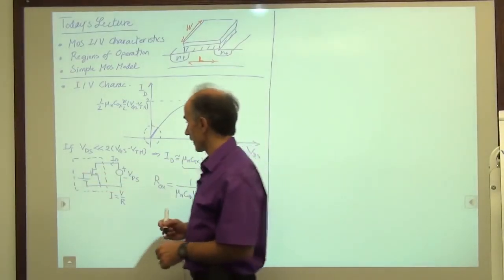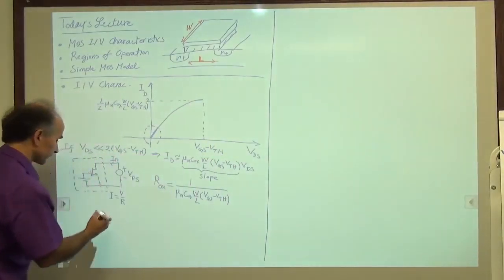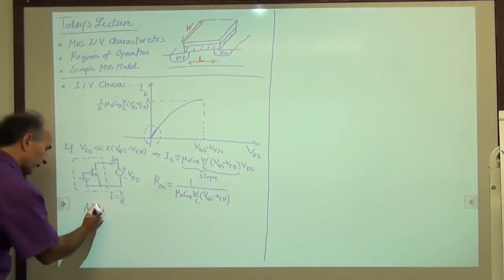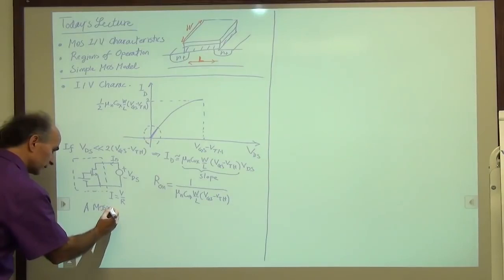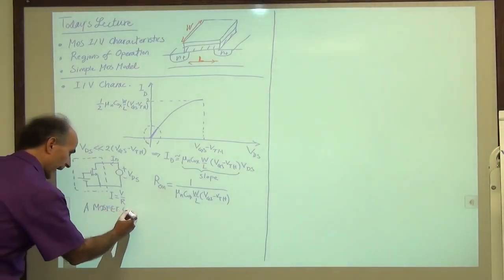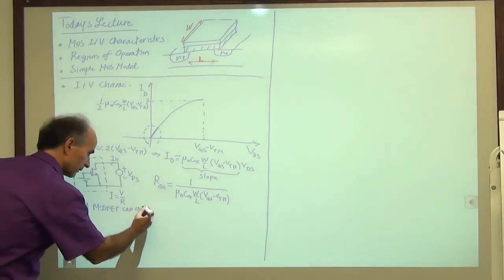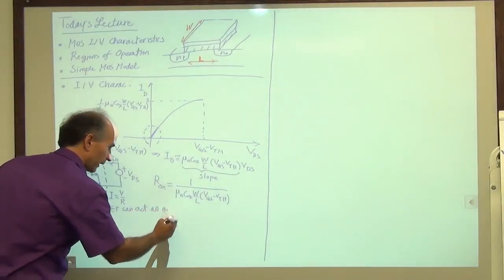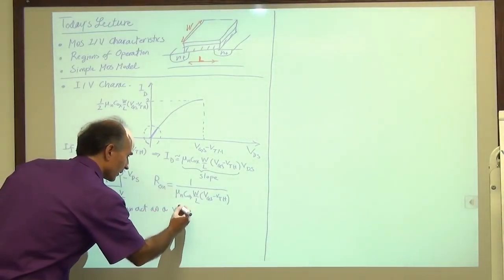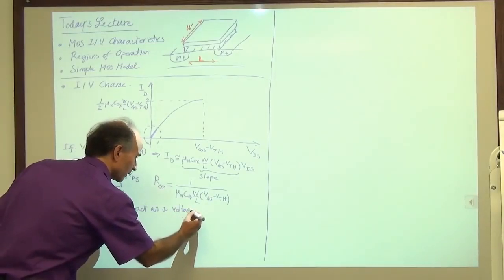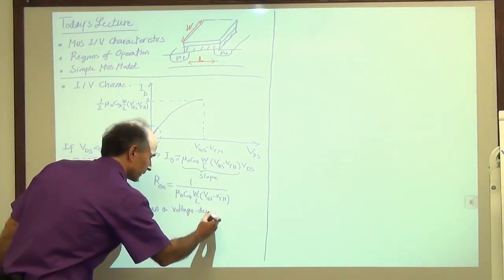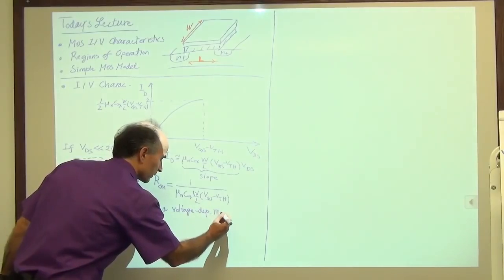All right, so we say a MOSFET can act as a voltage dependent resistor, right?